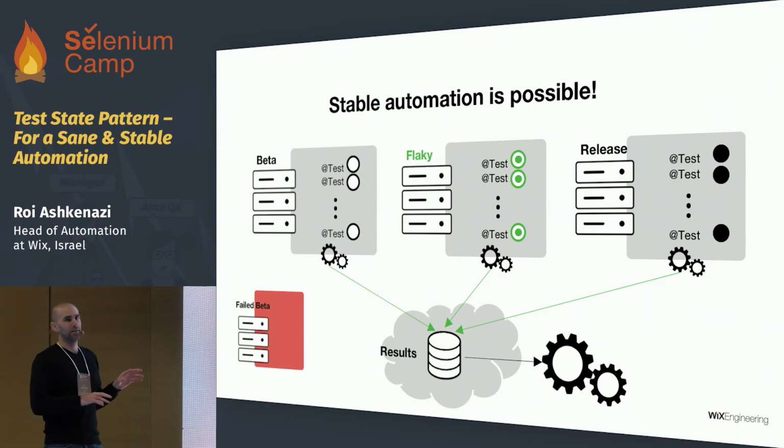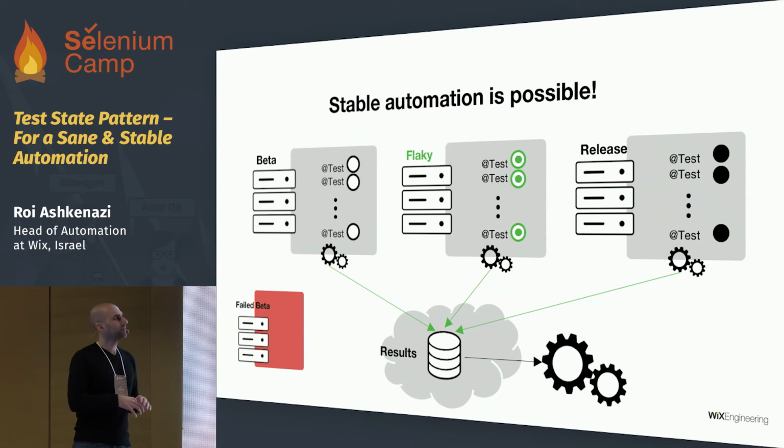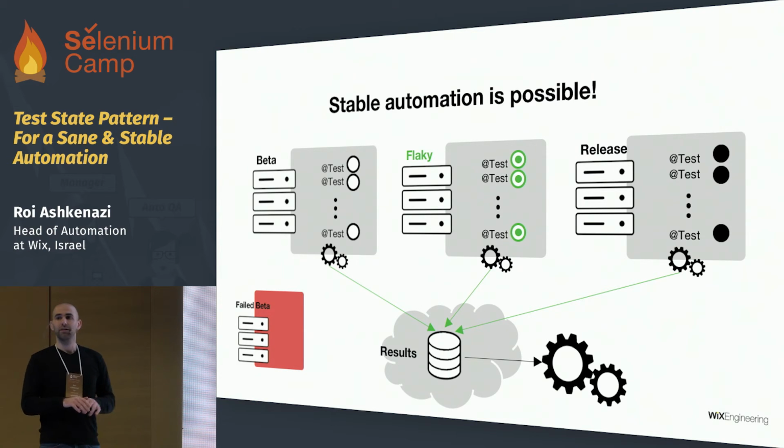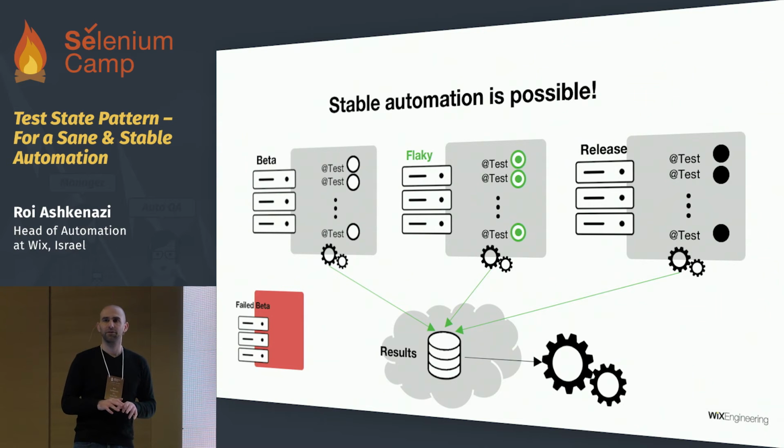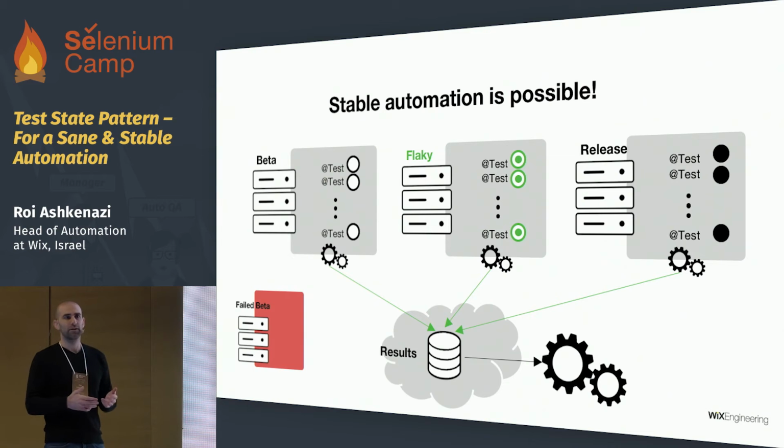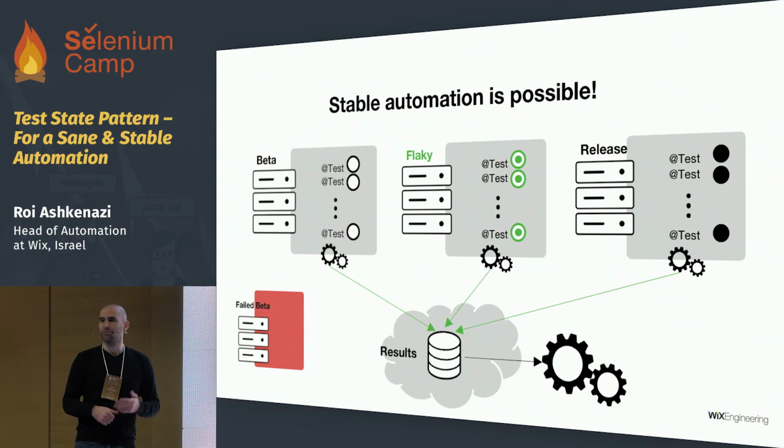The flaky and beta are automatically analyzed, and everything is being monitored in our server. All the results are going to the same place. And we always have the background process, the algorithm, which checks all the states. It can run every few hours, every night, whatever we decide.